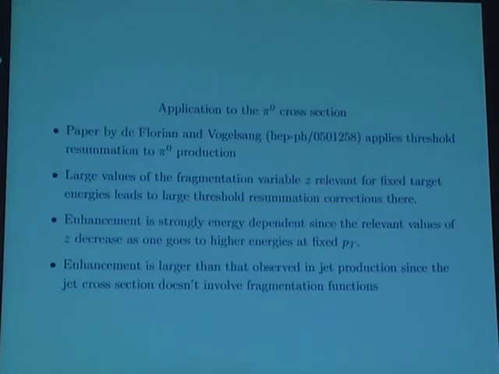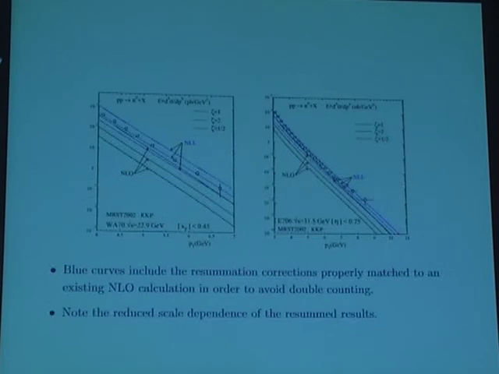So in a recent paper by de Florian and Vogelsang, they applied this to the case of pi-zero production. And remember now, in pi-zero production, we're going to have at fixed target energies the two initial PDFs with large x, a fragmentation function with large z, and it turns out that these resummation effects are huge. And so here are some examples.